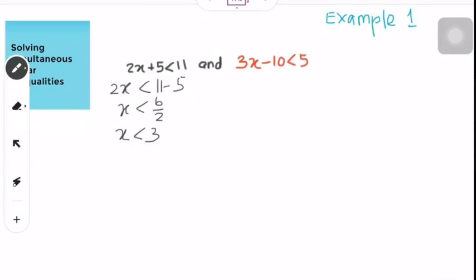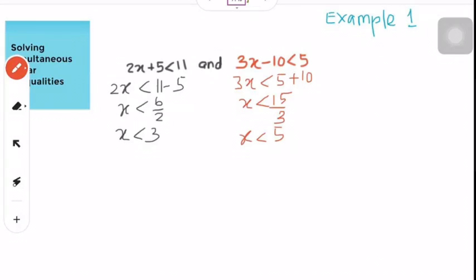So on the first inequality, we get x is less than 3. Now let's do the second inequality. So 3x is less than 10 plus 5. So x is less than 15 over 3. So x is less than 5.